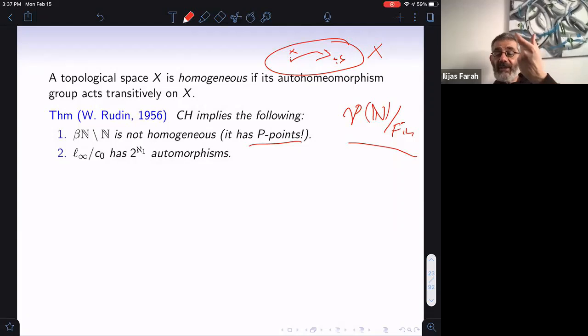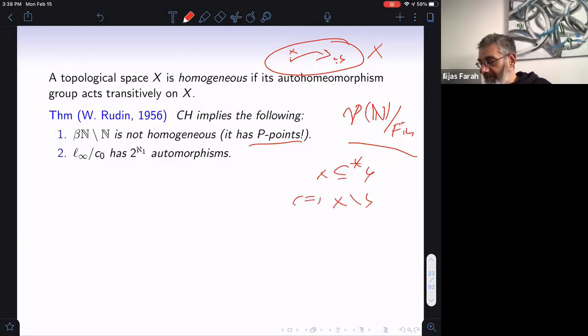Now you can choose a decreasing sequence of subsets of natural numbers, which is decreasing modulo the relation subset star. So X is subset star Y if and only if X minus Y is finite. Now, with this relation, if you have a decreasing countable sequence, then by a diagonalization argument, you can find an infinite set which extends it.